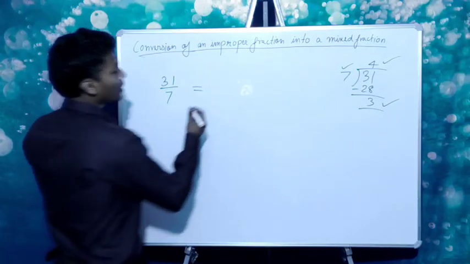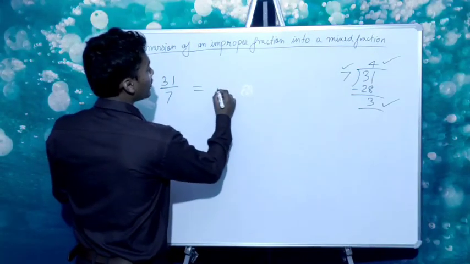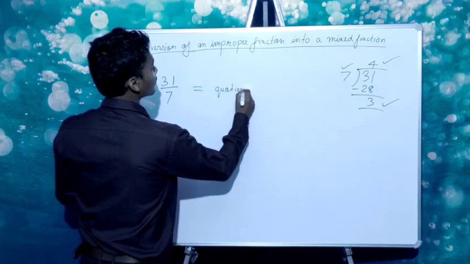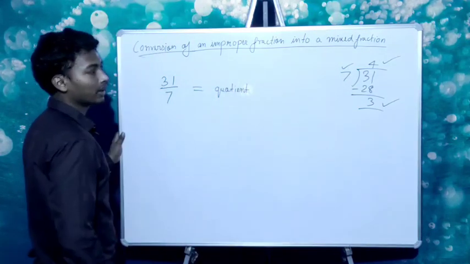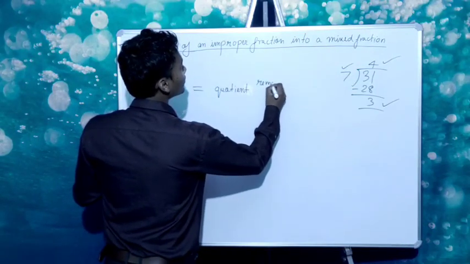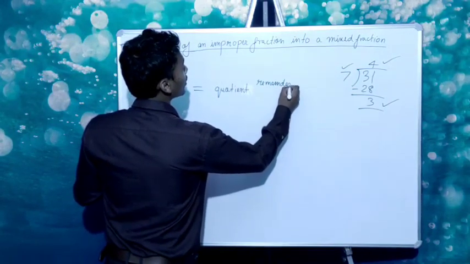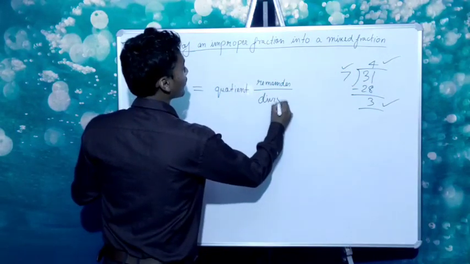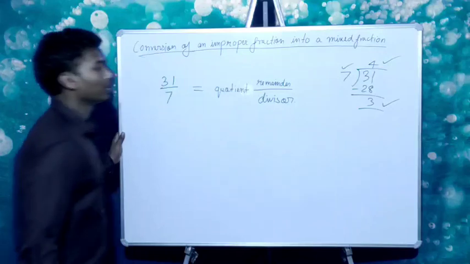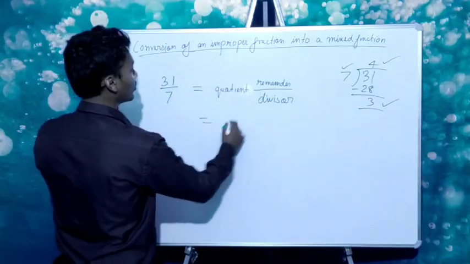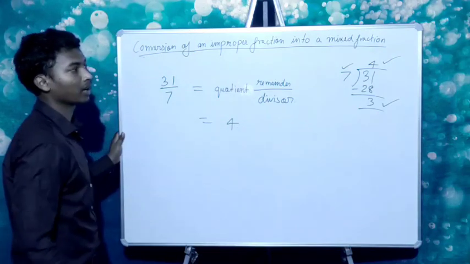So in the integral part we will write the quotient, and then in the fractional part we will have the remainder divided by the divisor. So what is the quotient here? 4. So 4 will come in the integral part.